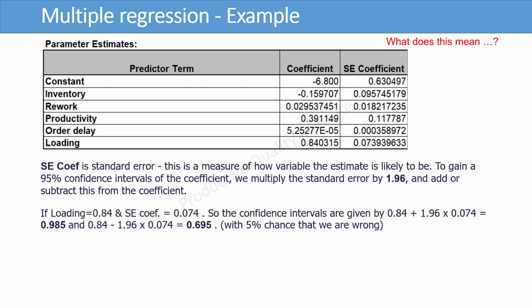If the loading equals 0.84 and SE coefficient equals 0.074, the confidence interval is given by 0.84 plus 1.96 times 0.074, which equals 0.985, and 0.84 minus 1.96 times 0.074, which equals 0.695. With a 5% chance that we are wrong.